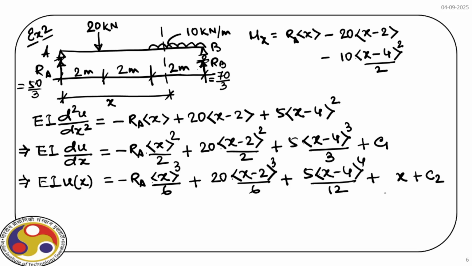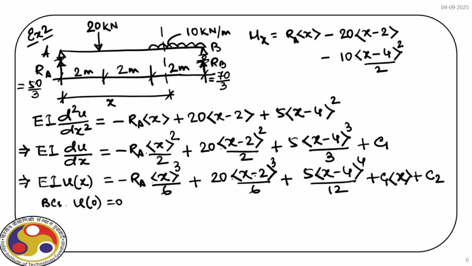We also have to apply Macaulay's bracket here, so C1x. Now we have boundary conditions. For that, displacement at 0 is 0. Now in the last expression, if we put x equal to 0, obviously all the terms on the right hand side will be 0. First term x cubed by 6, because x is 0, it is 0.